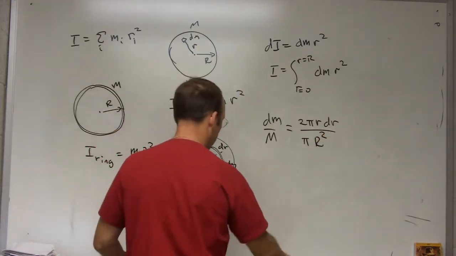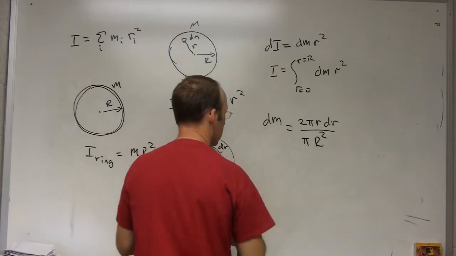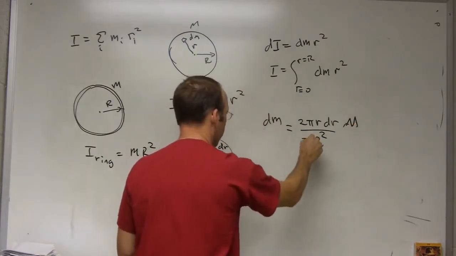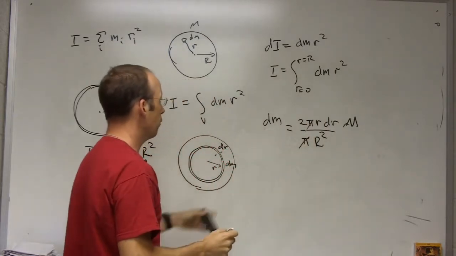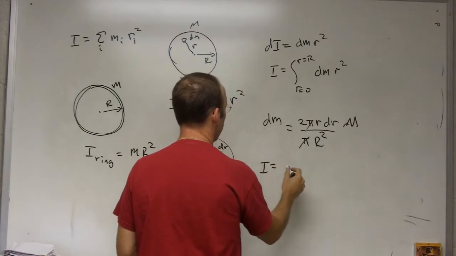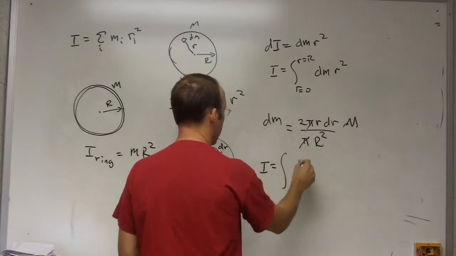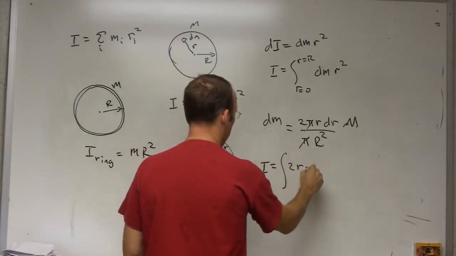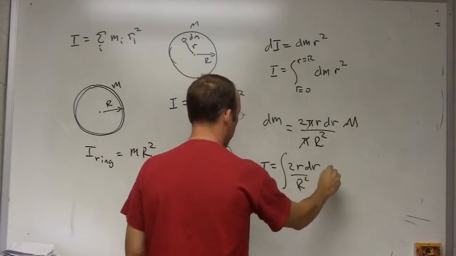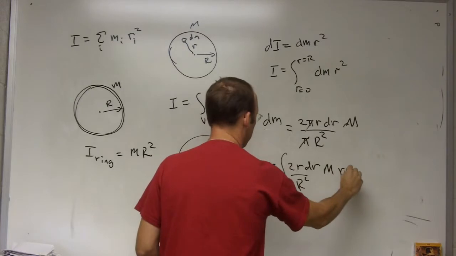If I solve this for dm, I get this, and the pi's cancel. So instead of dm, I put that in. I have I equals the integral of 2 m r dr over big R squared, times r squared.